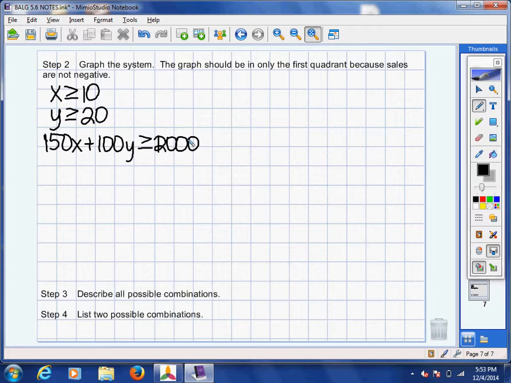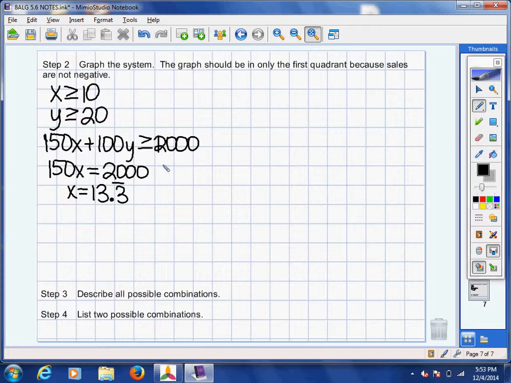Okay, so you may want to color code this, and for that standard form, I would go ahead and solve for the x and y intercepts. So I'm going to do the cover-up method, and I'm going to have 150x is equal to 2,000. And in your calculator, do 2,000 divided by 150. And that's going to give me about 13.3 repeating.